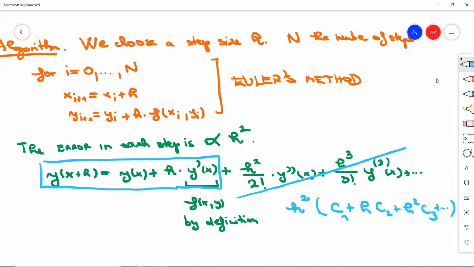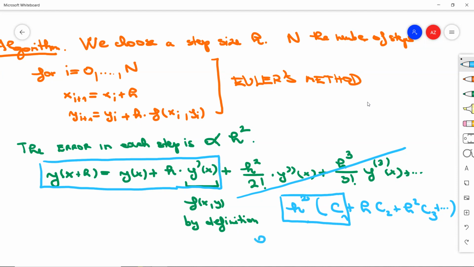And of course, we are only interested in small h's, because it doesn't make sense to do long steps. If h is big, then of course we will make a big error. So it doesn't make sense to use Euler's method for h which is big. So we can assume that h is very small. And if h is very small, then in this error, the most important part is this h squared c1.